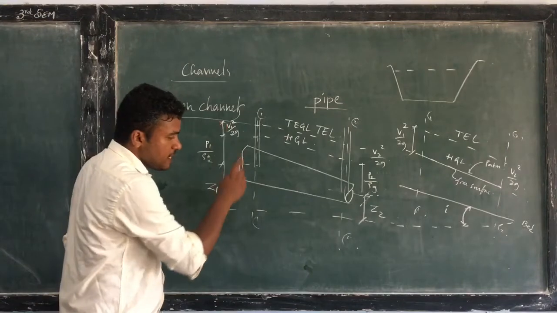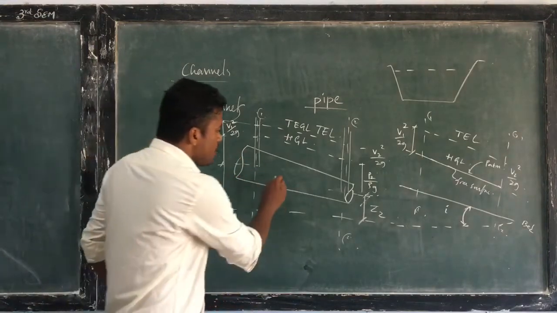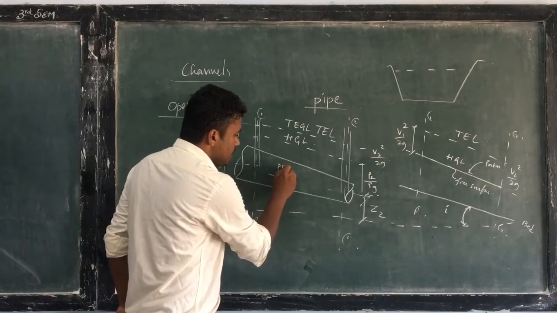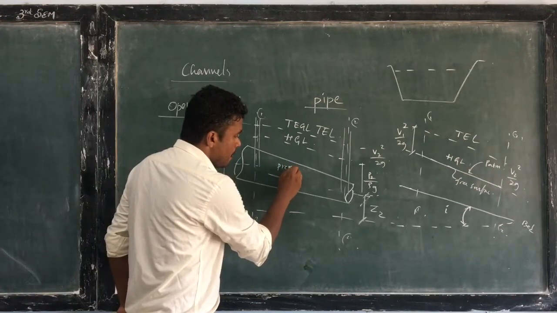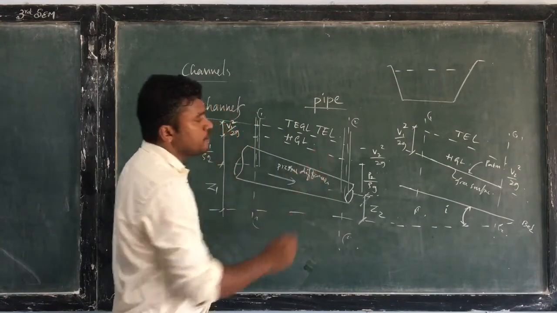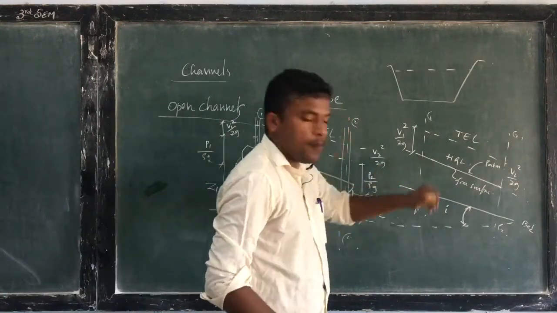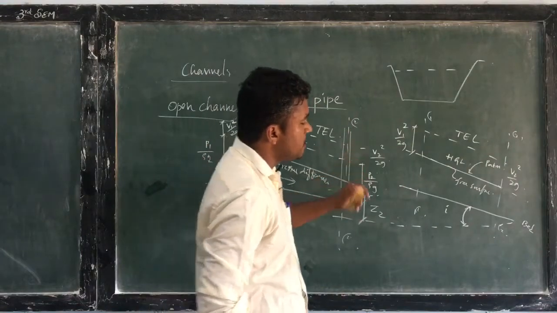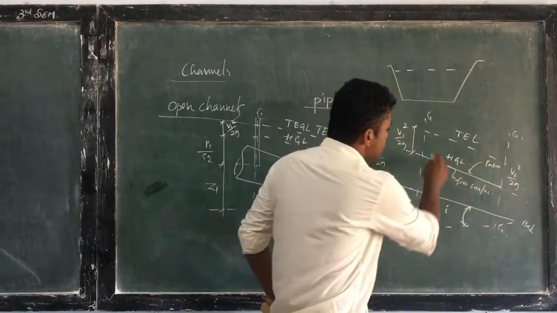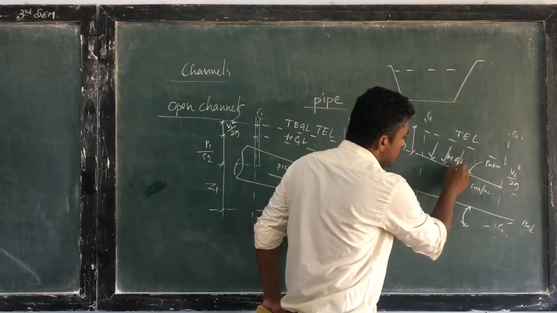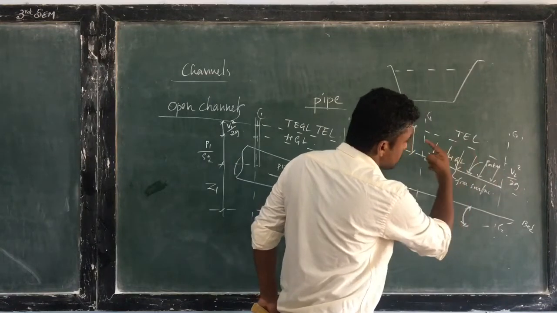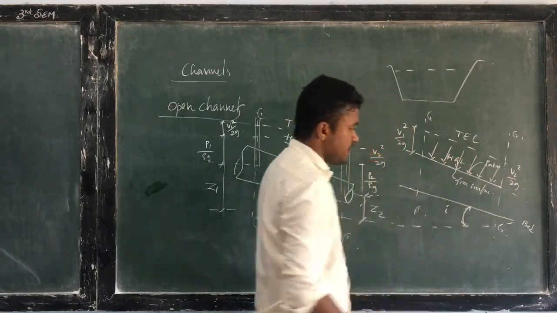If you take pipe flow, the flow occurs because of pressure difference. If you take open channel flow, then of course the free surface is subjected to atmospheric pressure.